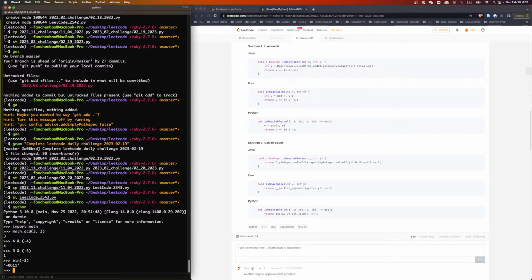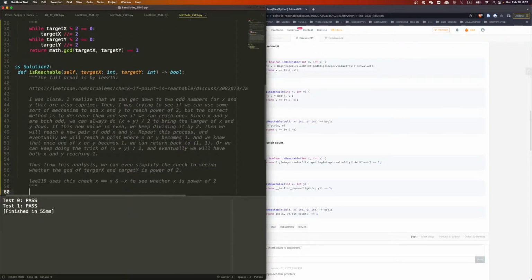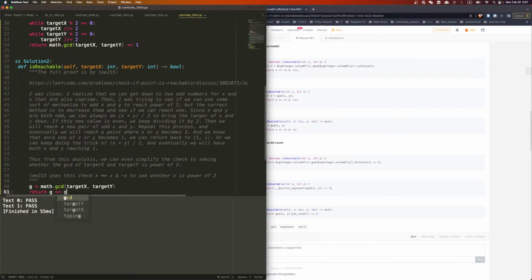If it's not, then it's 2's complement. Yeah, g equals math.gcd, target x, target y, return g equal to g and minus g.